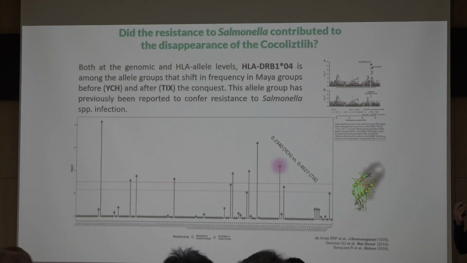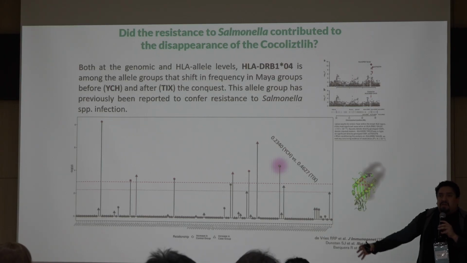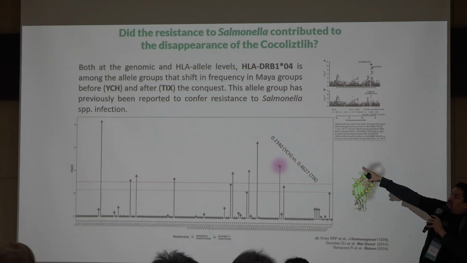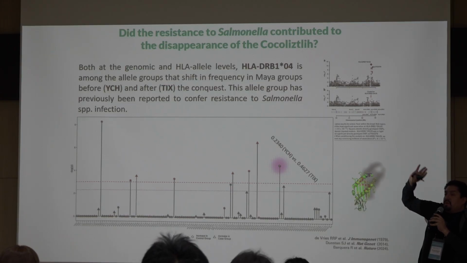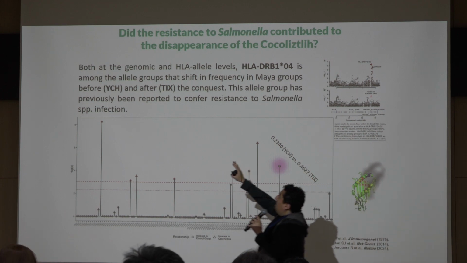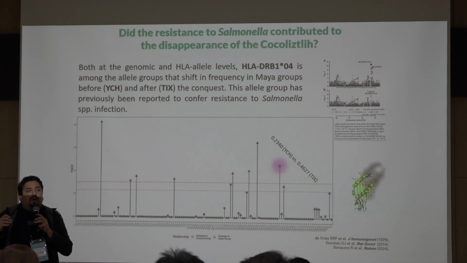We had the opportunity to work in one place in which we could compare two populations that are genetically the same in the present and in the past, which are individuals from the Maya region. Now we're moving to Southeast Mexico, and there we have a place called Chichen Itza, which I'm sure you have heard of.